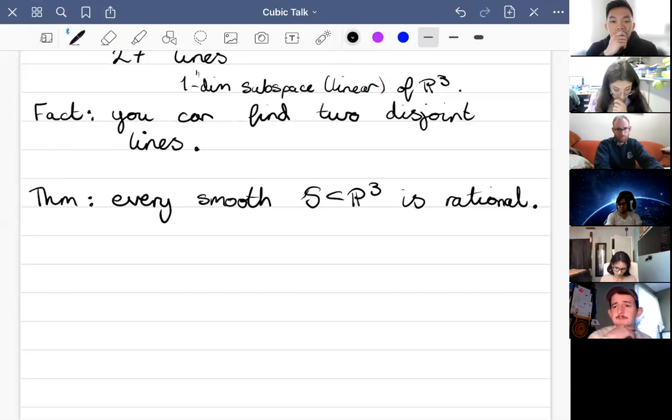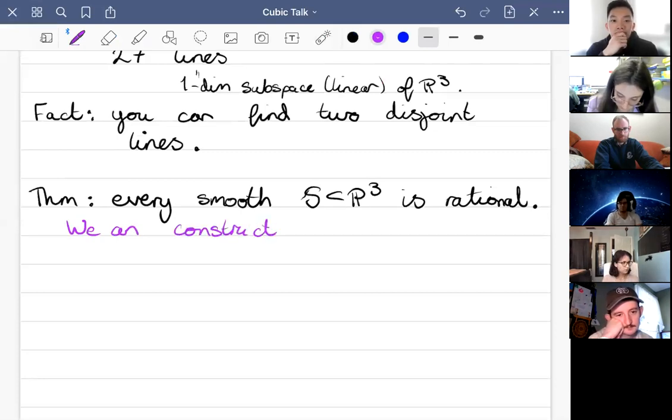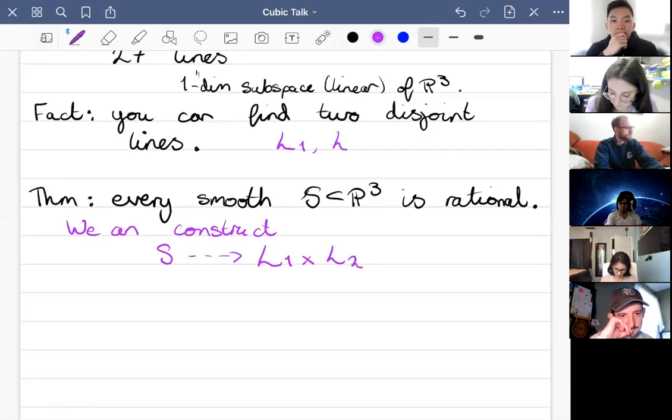And so the way that we're going to do this is we can construct a map from S to the product of these two disjoint lines. So we have two disjoint lines, let's call them L1, L2.